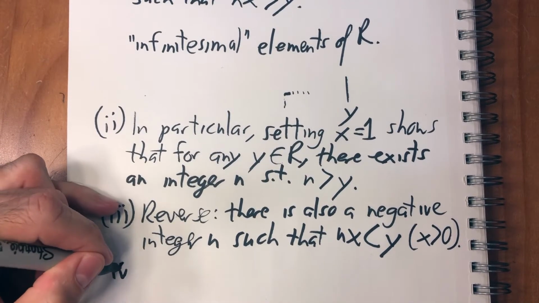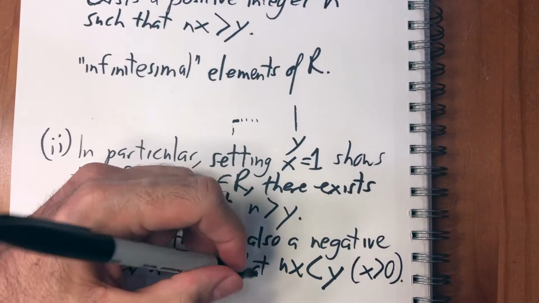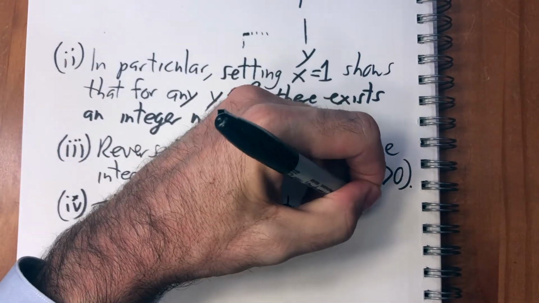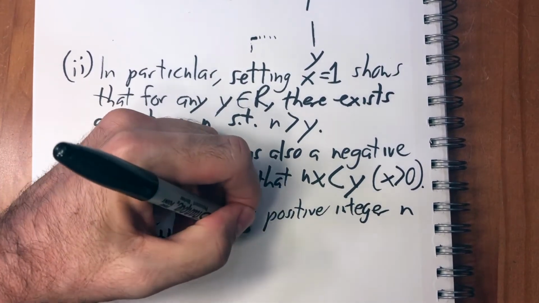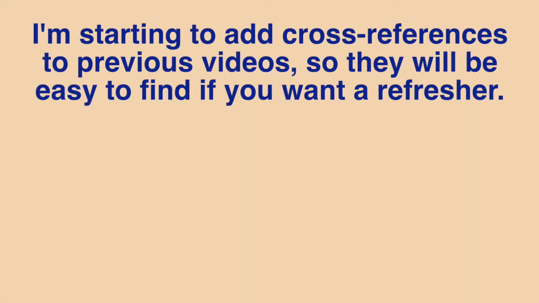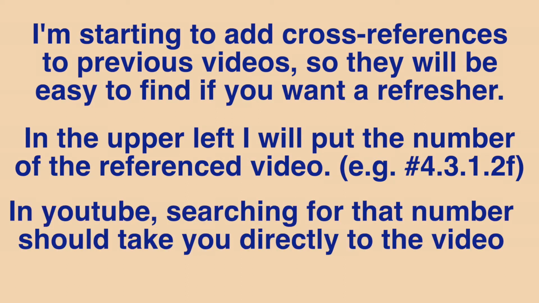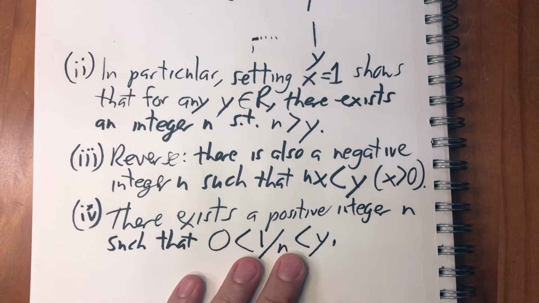And 4, there exists a positive integer n such that... so that's an interesting one.